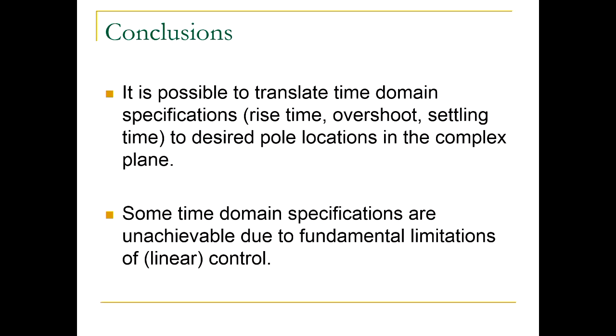And then we also saw that some time domain specifications are unachievable with any linear controller, and some of them are unachievable with any controller. I'm not going into these details, but I recommended that book by Goodwin, Graebe, and Salgado, which contains a much more elaborate analysis of these issues.